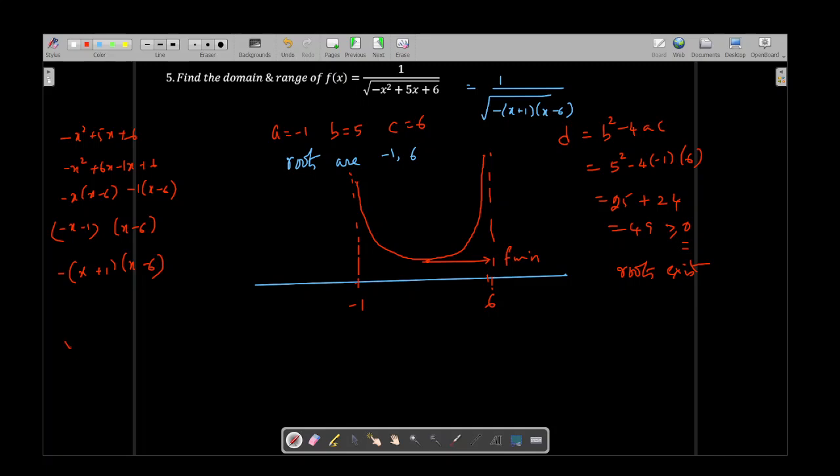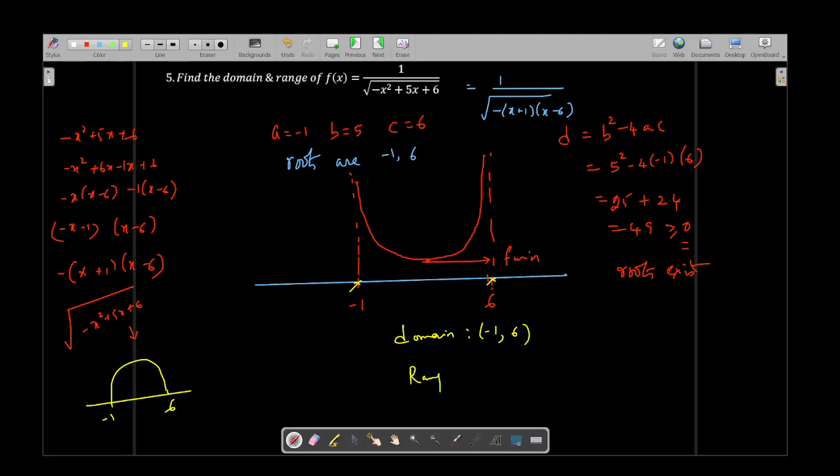Remember, if I had the square root of -x² + 5x + 6, then this curve would have looked like this, with -1 to 6. Here, since it is in the reciprocal, we cannot take -1 and 6. These two are excluded. So the domain is -1 to 6, but -1 and 6 are not included.